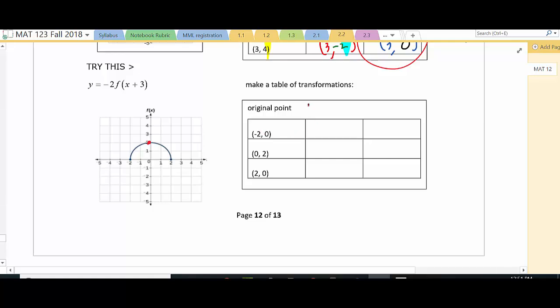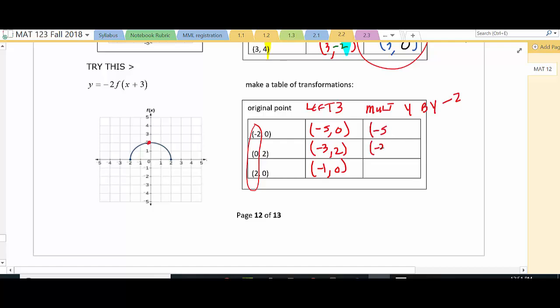Okay, so yeah, left 3, let's just make sure you got everything. So when you do left 3, you would have -5, 0, -3, 2, and then -1, 0. So again, all of those x values just get smaller by 3. Then what you're going to do is multiply y by -2. So these x values stay the same.